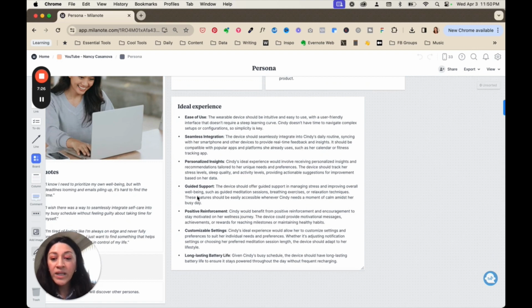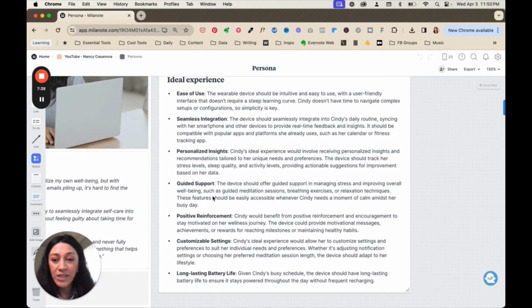And then what does Cindy need in order for this to be effective? What are some of the checkboxes she would need for this to be an ideal experience? Maybe she wants it to be easy, seamlessly integrating into her life, her routine, and her smart devices. Maybe she wants something personalized, unique and tailored to her current situation.